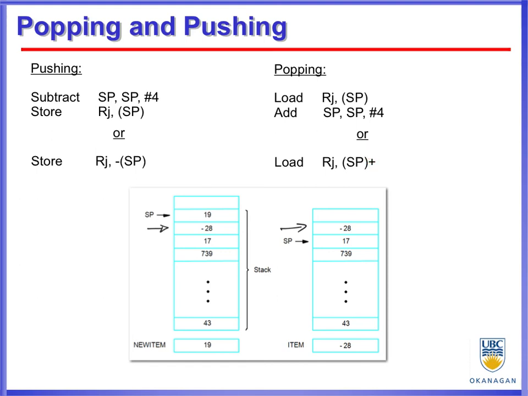Okay, so that's a stack. Yes, sir. So what's the point of a stack? We're holding numbers in there and we know where they are. You're going to see when we get to subroutines, because in subroutines, we're going to store a bunch of stuff that the subroutine needs on the stack.